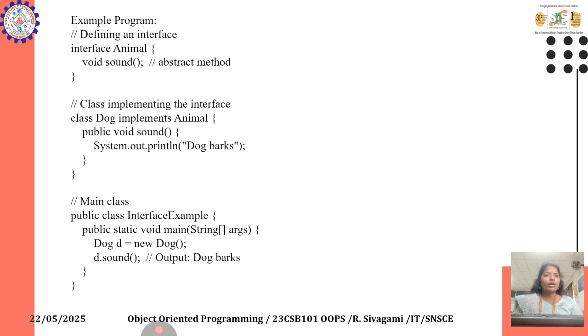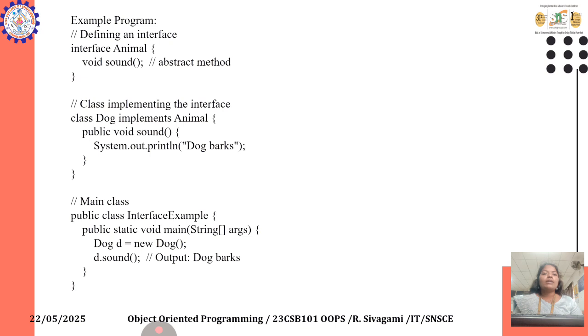Class Dog: here I create an object for the class. The class name is Dog, and d is the object name, equal to new, which is a keyword. The keyword is used to allocate memory for the program, and when we create an object, the constructor is automatically called.